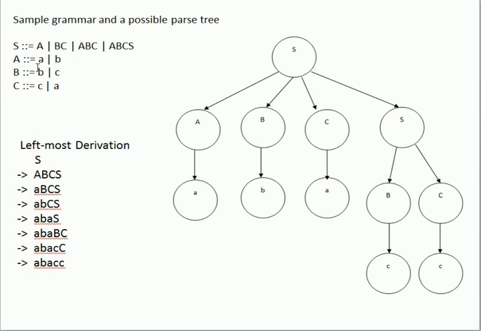A can either be defined as A or B. We decide in this case to define it as A. B can be defined as B or C. We define it as B. And C can be defined as C or A, which is defined as A in this case. Then our final one is also another start symbol, which can be defined as BC. And then each of those again are defined individually as C and C, leaving our final string to be A, B, A, C, C.